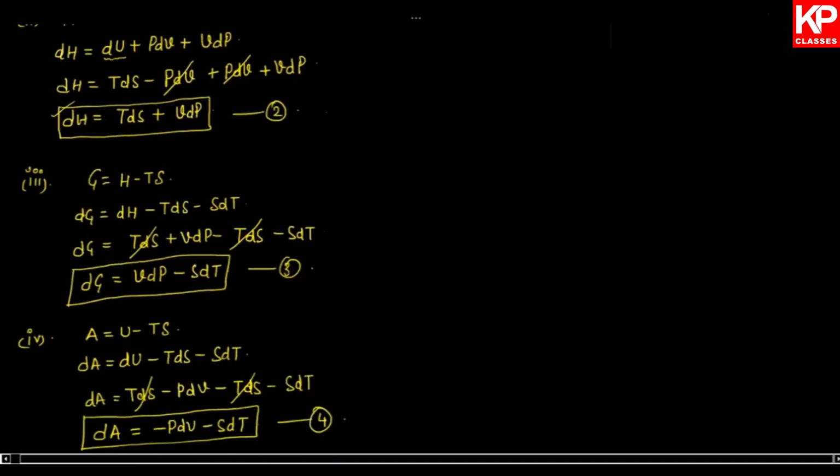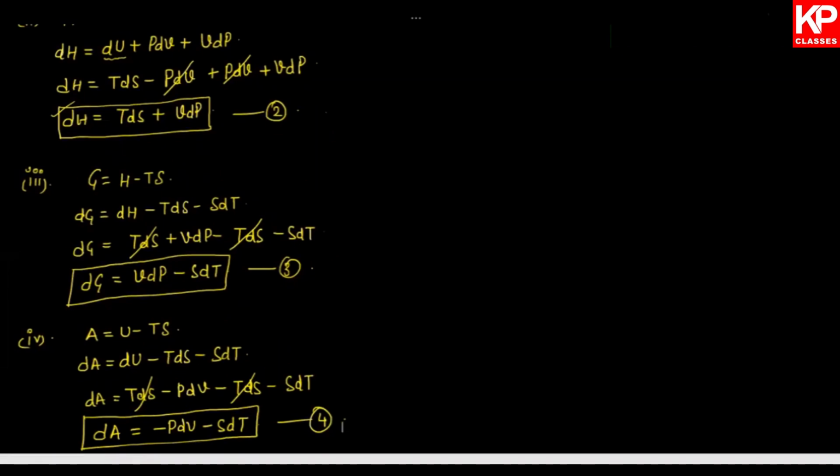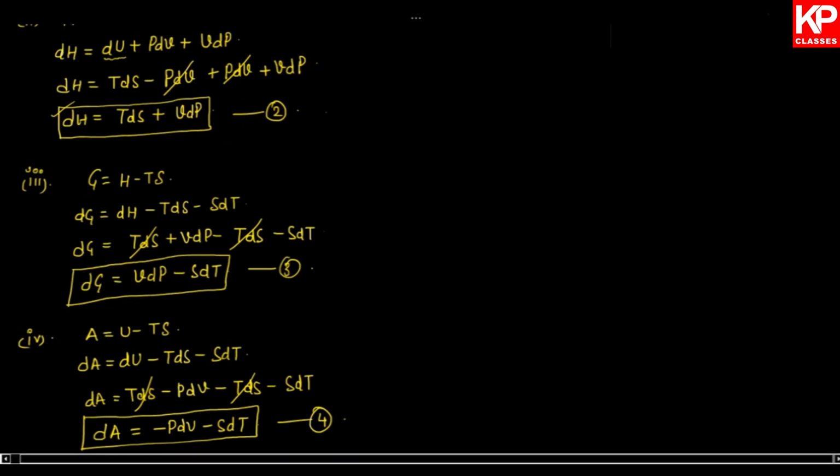Please note this down. These are basically the thermodynamic relations expressed in the differential form. Okay, so please note this down and then we'll move ahead. I hope there is no confusion about how I have derived all these expressions. In case you have any doubt, do let me know in the chat box.